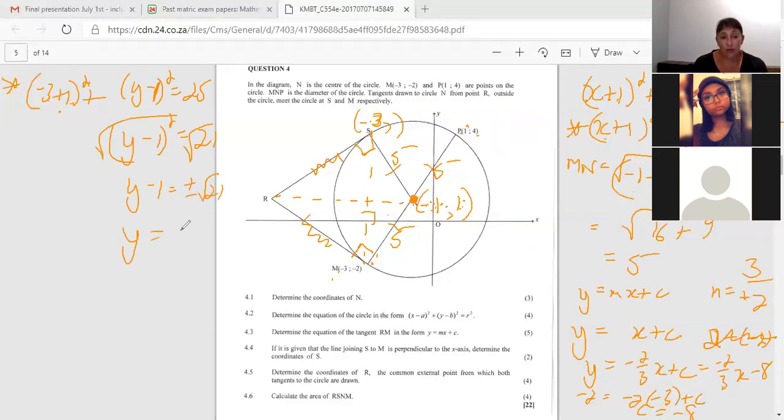And if I throw the 1 over, it's 1 plus or minus root 21. Two answers: 1 plus root 21, 1 minus root 21. Now this one would be 1 plus because it's positive, right? So not such a nice answer.